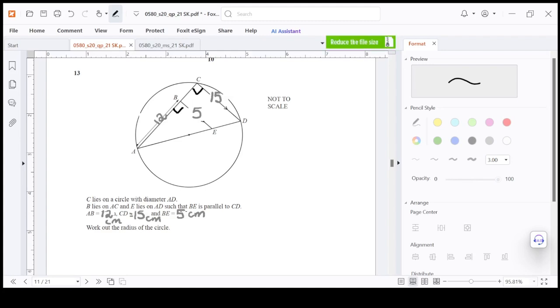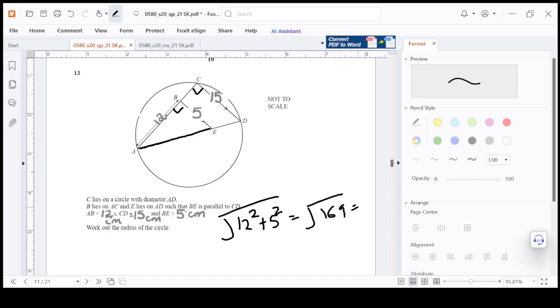Okay, and then we're given a couple of lengths and we have to find the radius of the circle. That means we need to find the diameter and then just half it. Now how do we do that? I will be using Pythagoras here to get this length. That is going to be the square root of 12 square plus 5 square. This gives 169, which is the square root of 13.